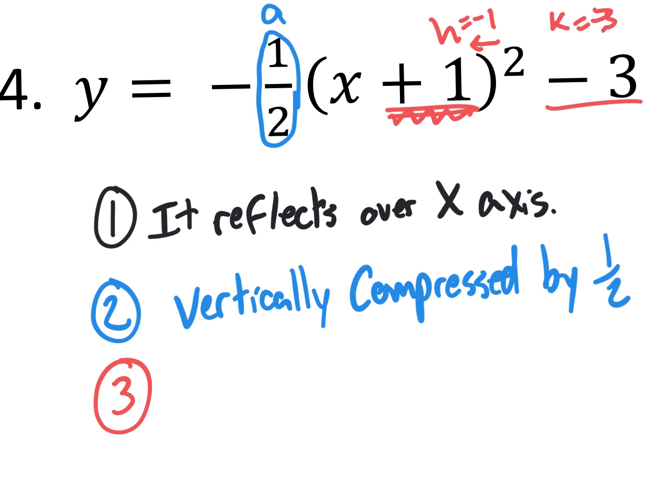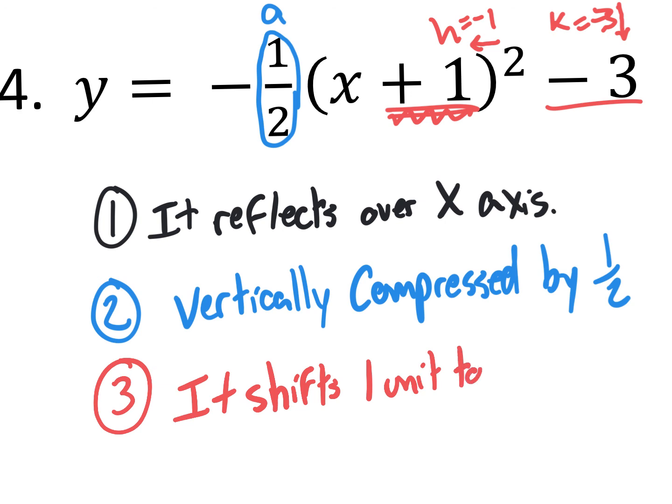And when you say -3 on k, that means 3 units down, because k, you take it for what it is. And that's the actual description of your final transformation. It shifts 1 unit to the left and 3 units down.